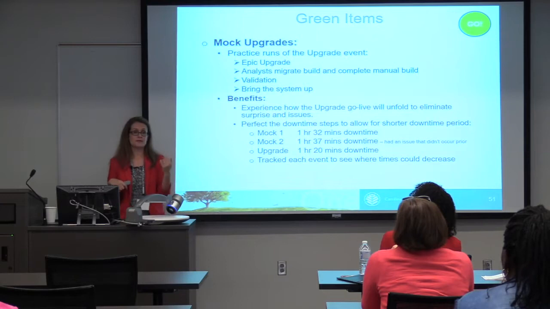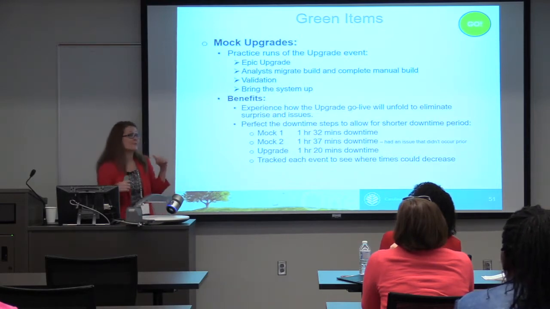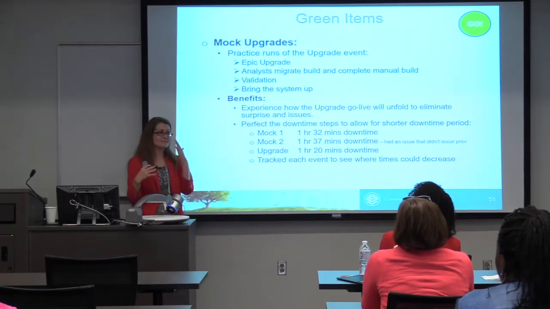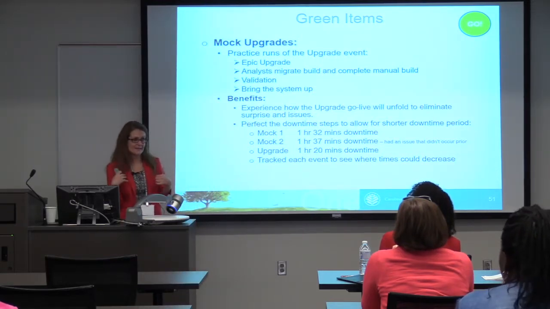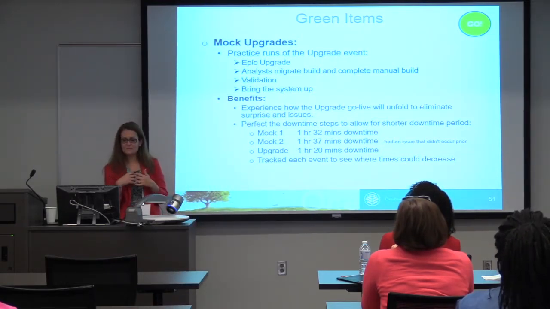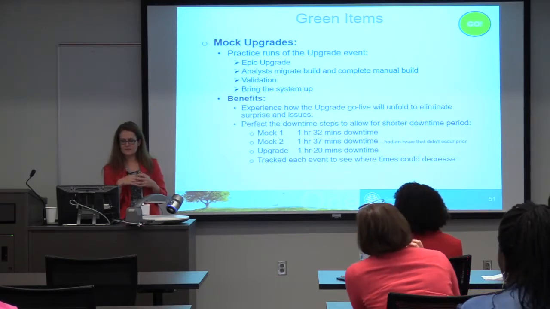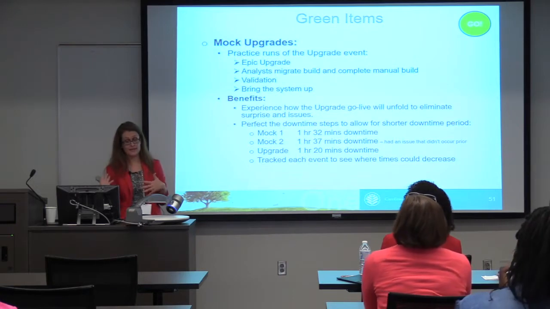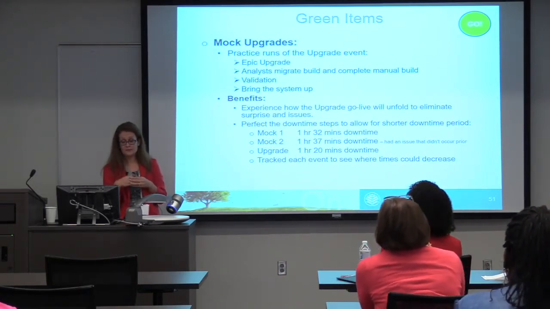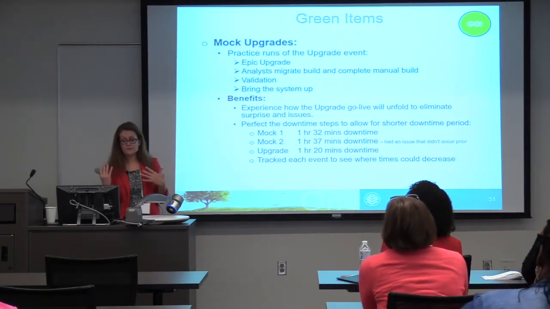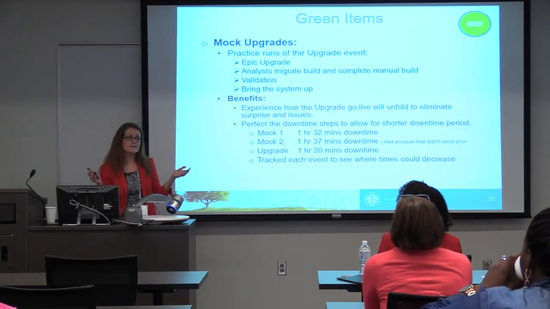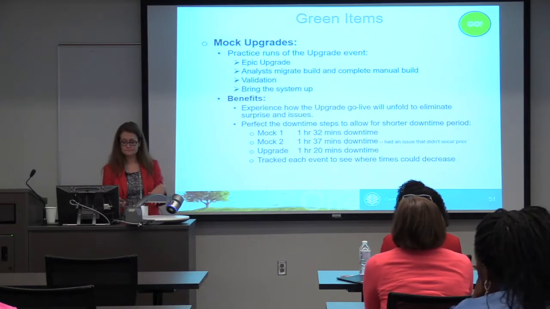We were really pushing everybody. Ooh, Cadence is done before ADT. You better get on it. And it became a competition because they didn't want to be the last one with me waiting on them. Our first mock upgrade was an hour and 32 minutes. Our second one was an hour and 37 minutes because we had an issue. And then our third was an hour and 20 minutes. So we really were able to practice and perfect it so that when we went live, it was just easy peasy.